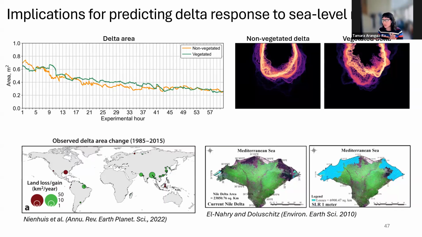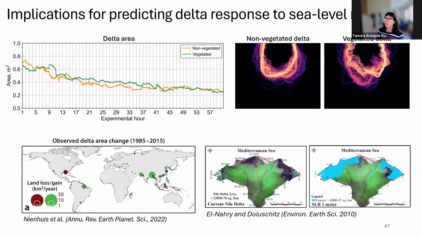But there were no vegetation comments about that. So I was wondering, with your results, we see more avulsion frequency or more migration in the non-vegetated delta, but you were simulating a constant sea level rise. So how can you get similar results with different conditions?